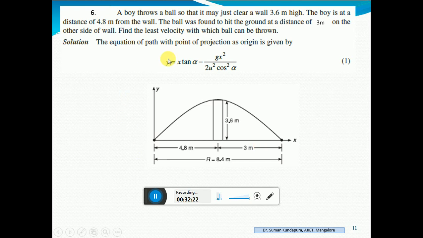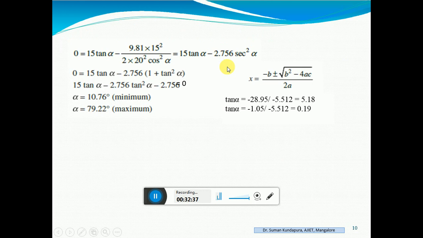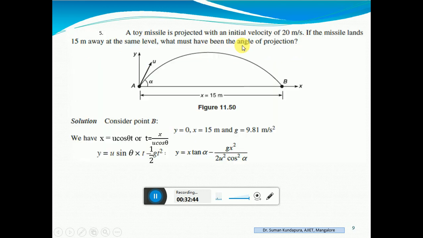Now we know that in the previous two problems we have derived this equation. If you look back, that is y is equal to x tan alpha minus g x square divided by 2 u squared cos squared alpha. It is just the previous equation.